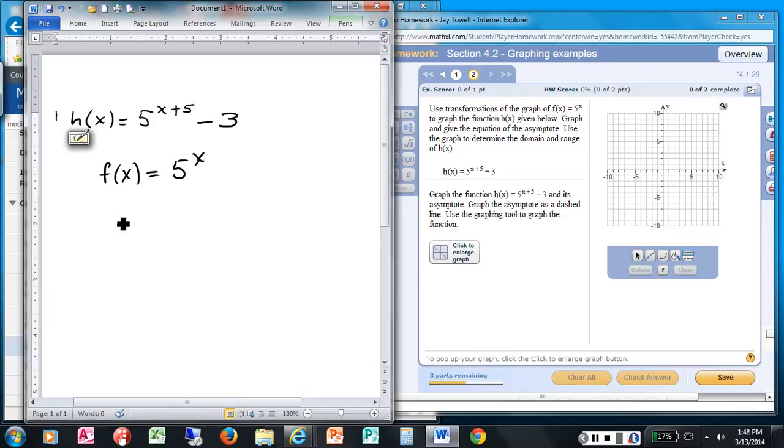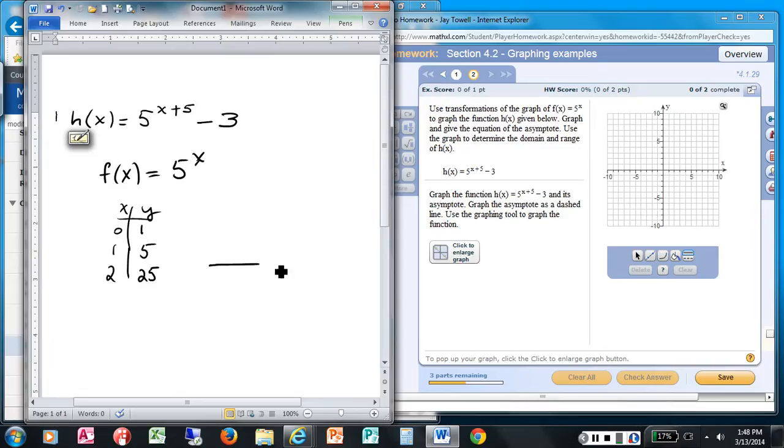We know that if, well, just a couple of values here, x and y, if x is 0, then y would be 1. If x is 1, y would be 5. Just plugging in those values, x is 2, y would be 25, 5 squared.